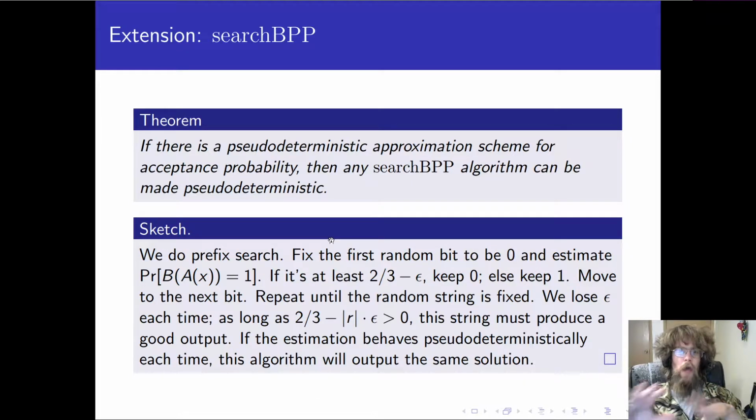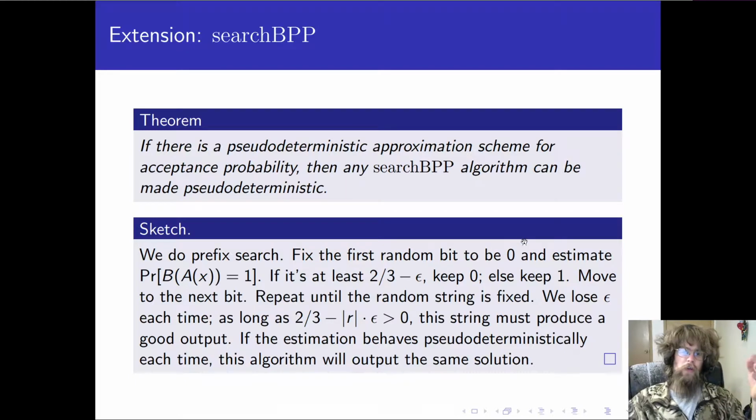But how we do this is prefix search. So for input x, 2/3 of the random strings have to be good. So by conditional probabilities, either 2/3 of random strings starting with 0 are good, or 2/3 of the random strings starting with 1 are good.